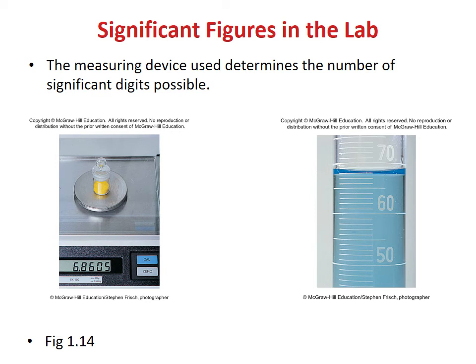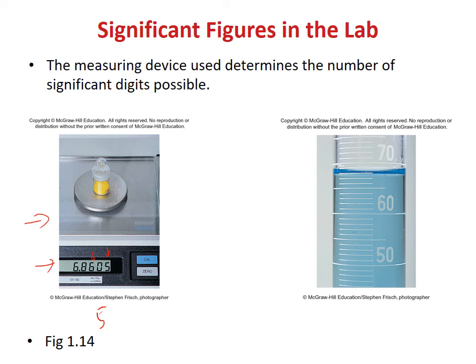For example, when you use this analytical balance to measure the weight of a sample, and you get 6.8605, so you have 1, 2, 3, 4, 5 significant figures and 4 decimals. Okay, so the last one is uncertain.